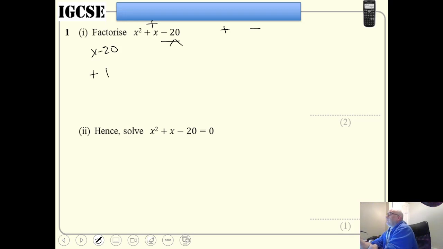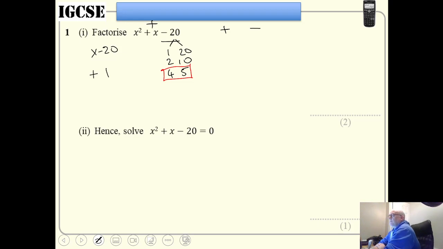So let's look at the factors. We could have 1 and 20, we could have 2 and 10, we could have 4 and 5. They're all my factors of 20. If I'm looking at those numbers, the one that really jumps out straight away is that 5 and 4 potentially are the only two that we are going to be able to make positive 1 with.